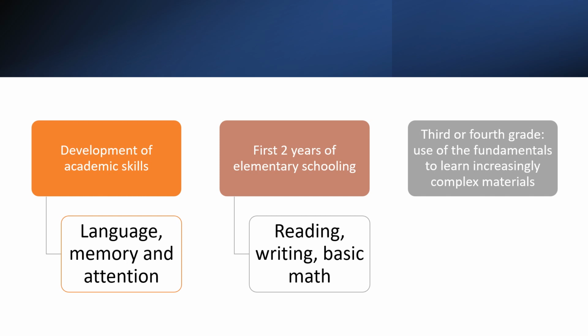In the first 2 years of elementary schooling, reading, writing, and basic math are required. In our country, that's grade 1 and grade 2. So the basics of reading, writing, and basic math are essential that they know.